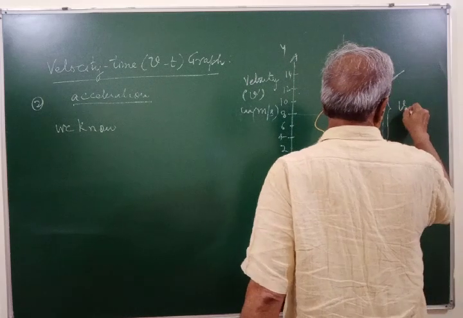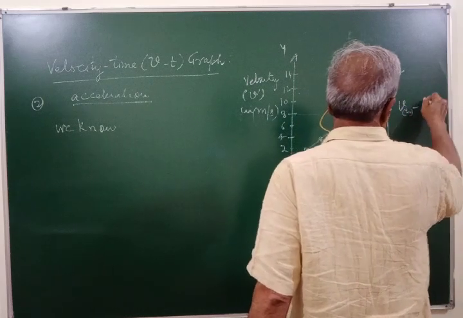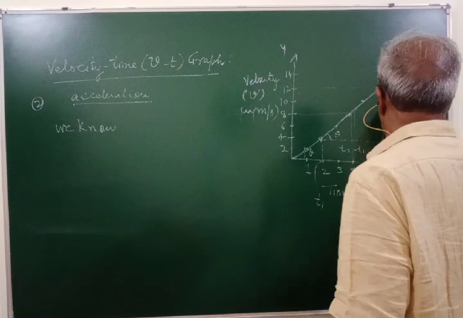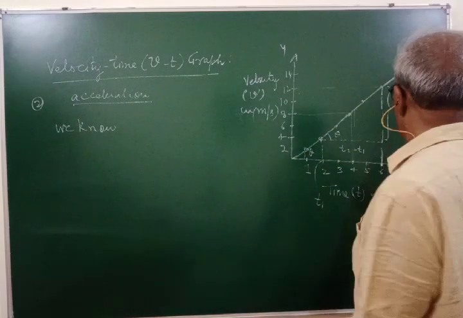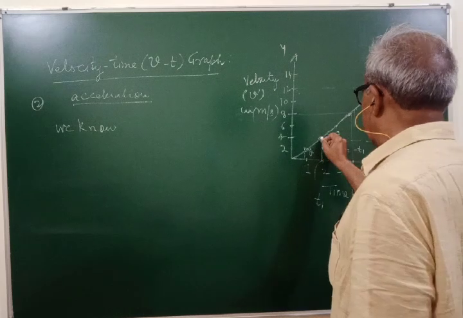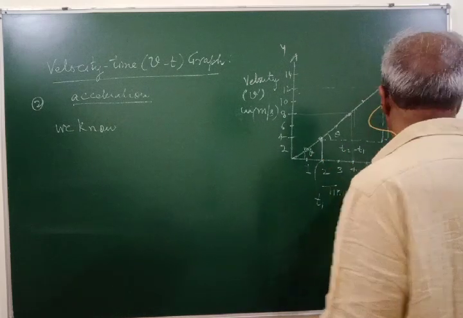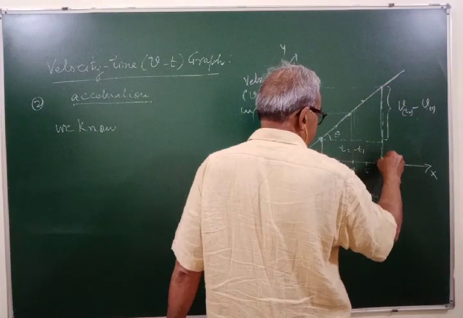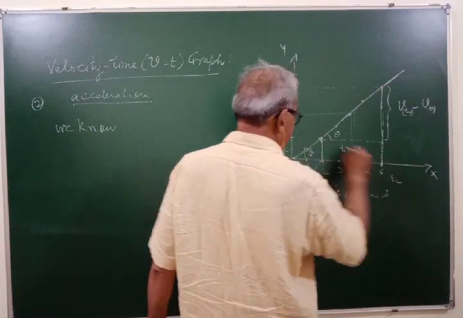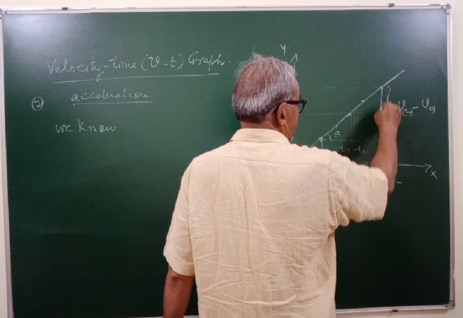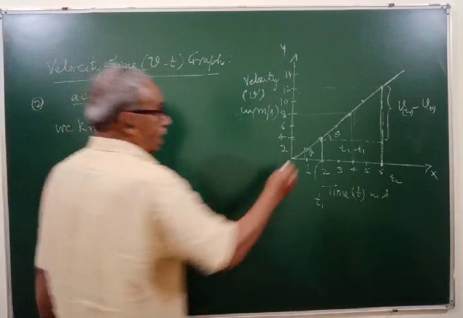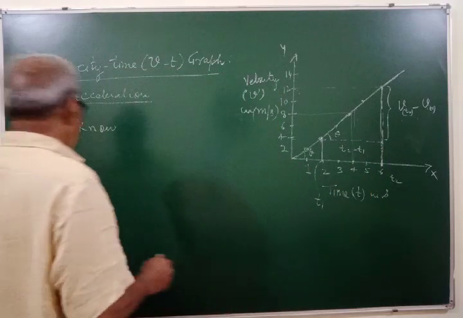Let it be Vt2 minus Vt1. I have taken this time T2, the velocity at this time is Vt2, and T1, the velocity at time T1 is Vt1. So this difference here comes out to be Vt2 minus Vt1, and this comes out to T2 minus T1.